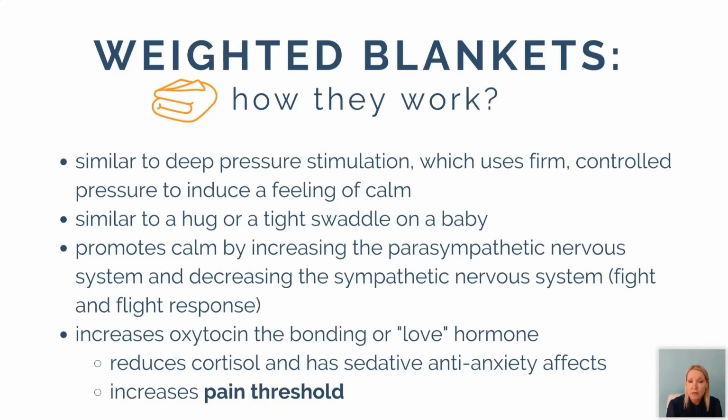It increases the parasympathetic nervous system and decreases the sympathetic nervous system, so that means it increases calm and reduces the fight or flight response. Weighted blankets also increase oxytocin, a bonding or love hormone, which is known to reduce cortisol, has sedative anti-anxiety effects and increases your pain threshold too. So weighted blankets can be very good for people with restless legs, fibromyalgia or different pain conditions.